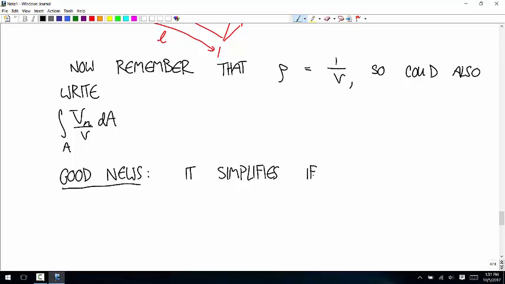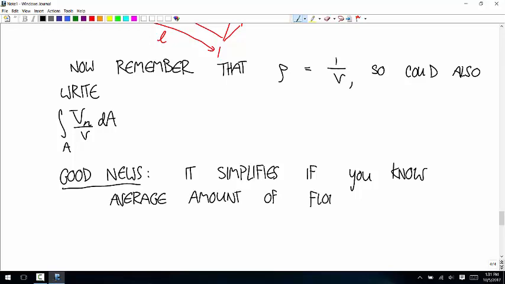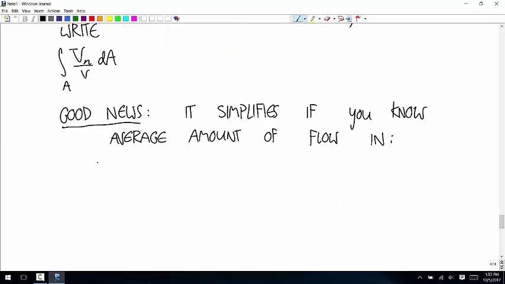If you know the average amount of flow in, then you can just write this as m dot equals rho times A times the total speed.